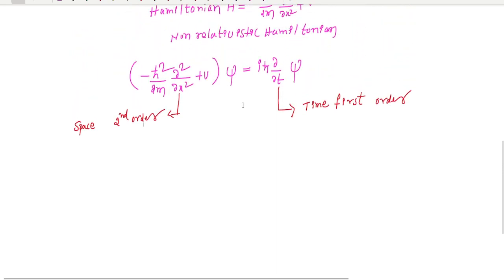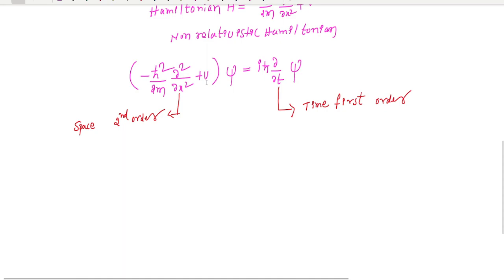So this is the main important introduction of relativistic quantum mechanics. This is the non-relativistic Schrodinger equation. Here the space coordinate is a second order derivative, and the time coordinate is a first order derivative. So we should convert these so that space and time coordinates are of the same order. It is better to go only with first order. Second order derivative equations are very difficult to solve, which is why Dirac derived his equation with first order coordinates.